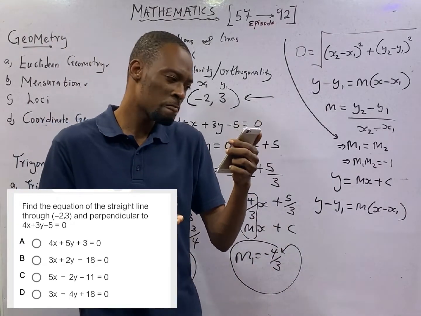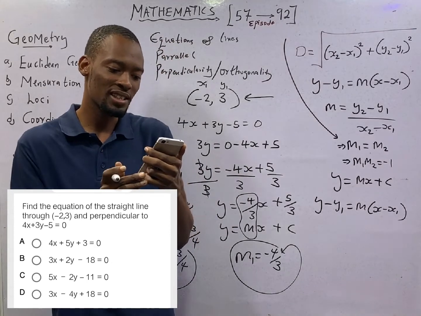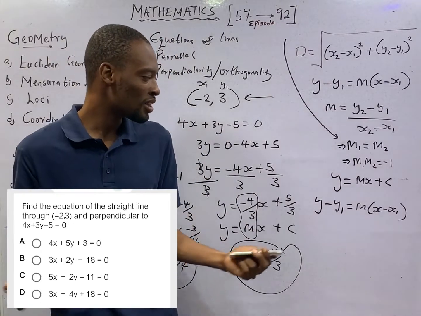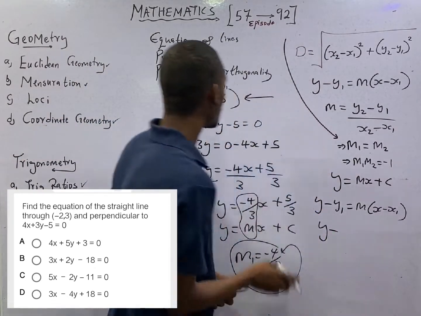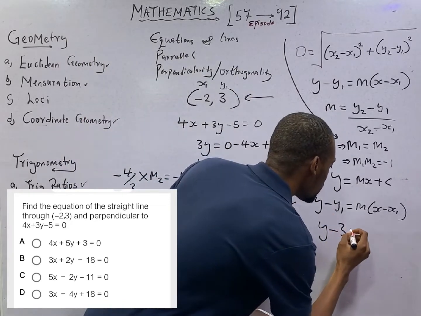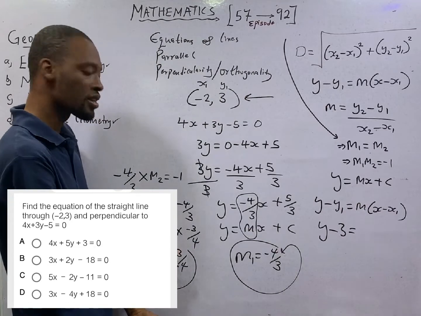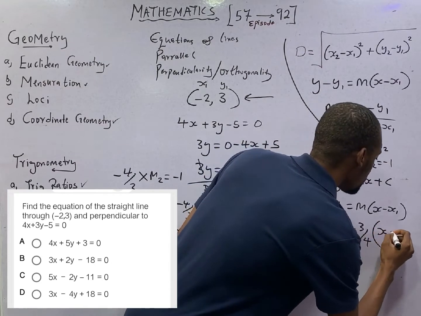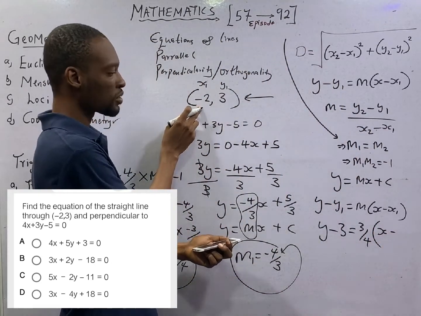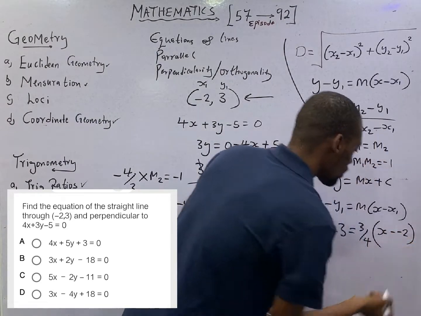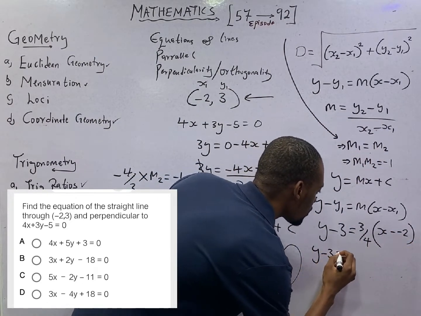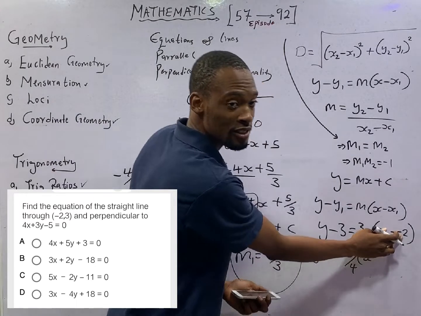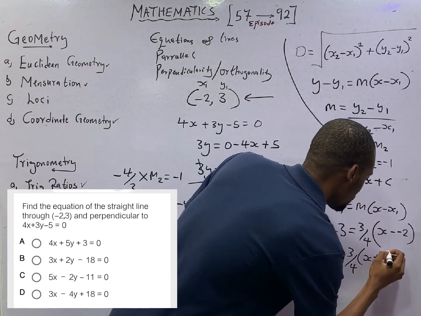The equation of the line through (-2, 3) perpendicular to 4x + 3y - 5 = 0 becomes y - 3 = 3/4 times (x - (-2)), so y - 3 = 3/4 (x + 2), since minus times minus is plus.